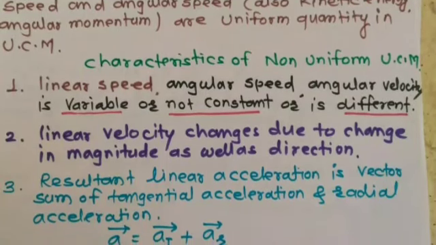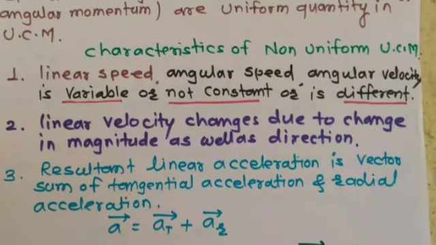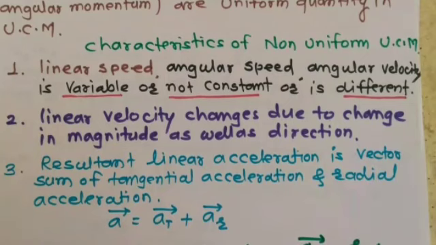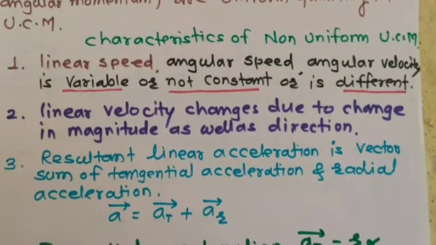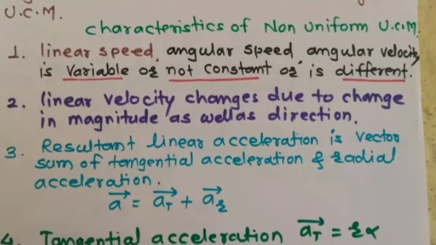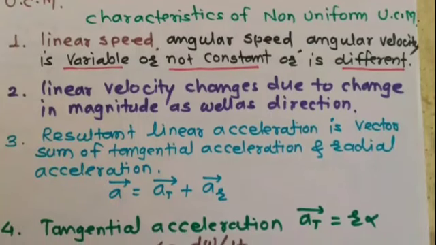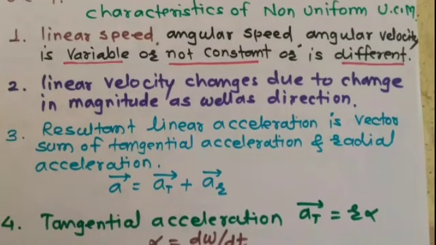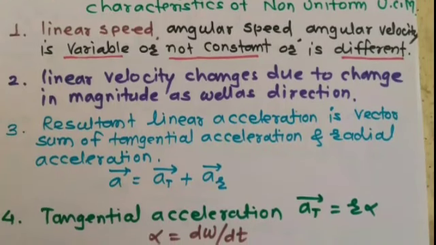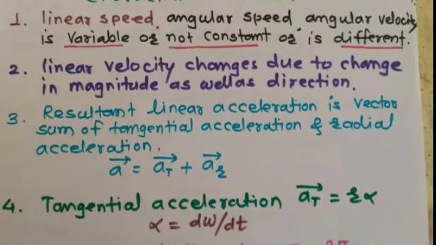The characteristics of non-uniform circular motion: number one, linear speed and angular velocity are variable, not constant. Second, linear velocity changes due to change in magnitude as well as direction. Third, the resultant linear acceleration is the vector sum of tangential acceleration and radial acceleration, so vector A equals vector A tangential plus vector A radial.